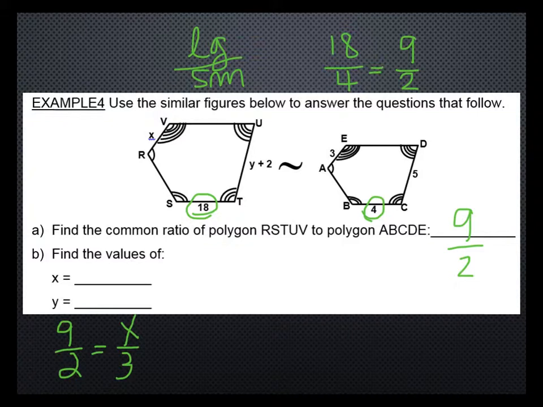We'll cross multiply and divide. 9 times 3 is 27. 2 times x is 2x. Divide both sides by 2. So x is 13.5.